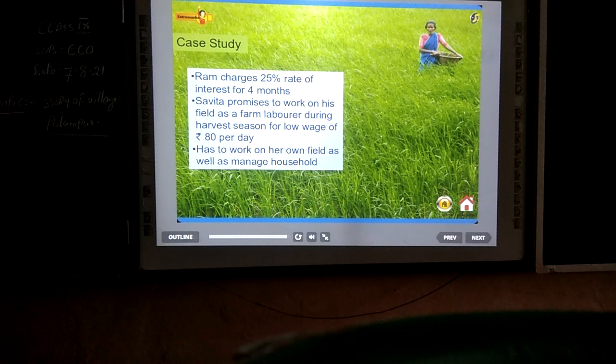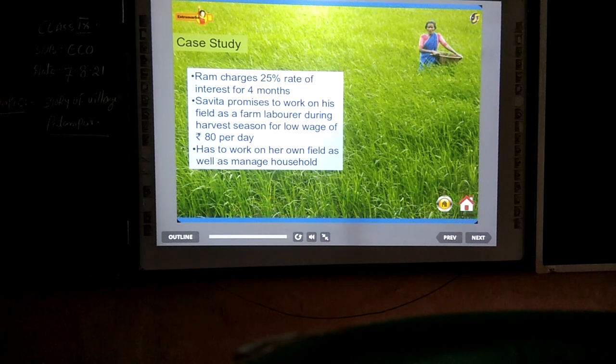There is an agreement between Ram and Sarita here. Ram charges 25% interest for 4 months. At the same time, Sarita promises to work on his field as a farm laborer during the harvest season for a low wage per day.